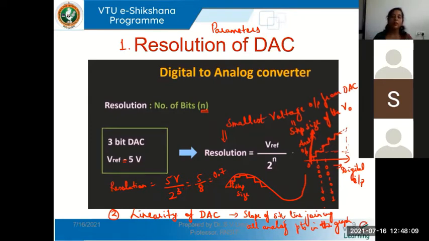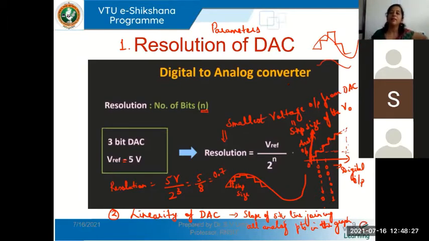Okay. So if I have very big steps, say I have a sine wave like this and I'm measuring it in such huge steps, then when I try to recover back the sine wave, I may get a different odd shape. I may not get back the sine wave shape correctly.